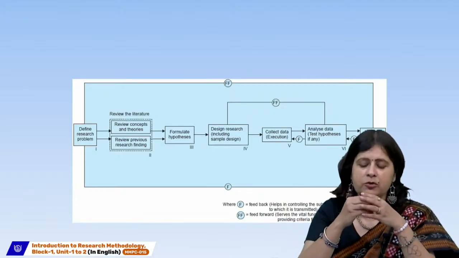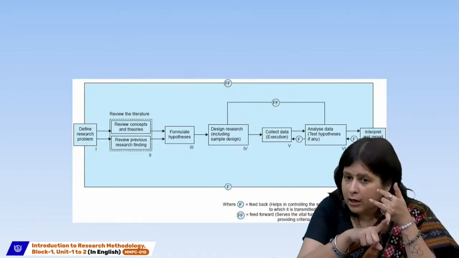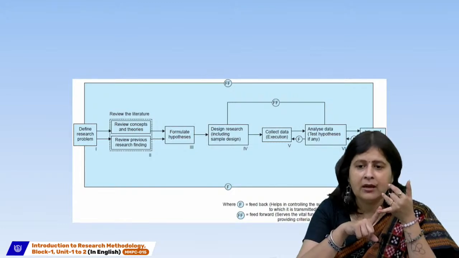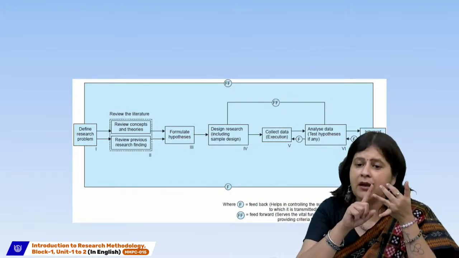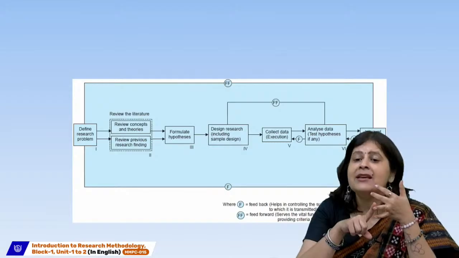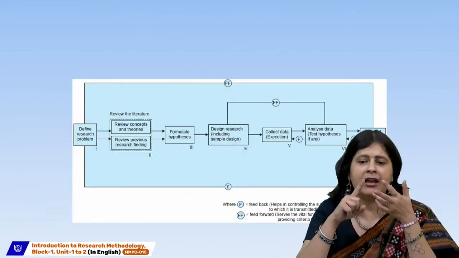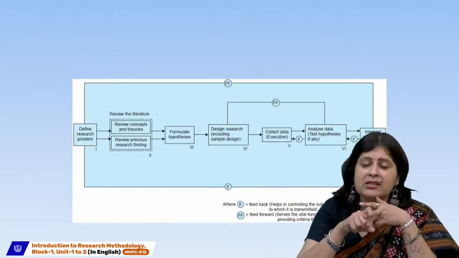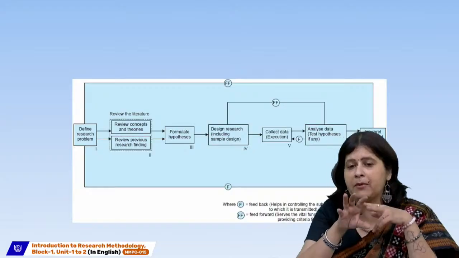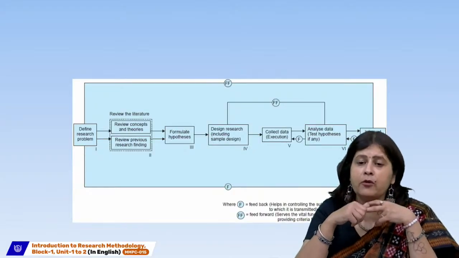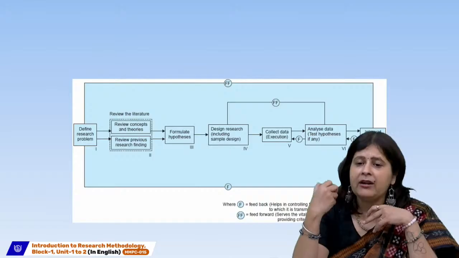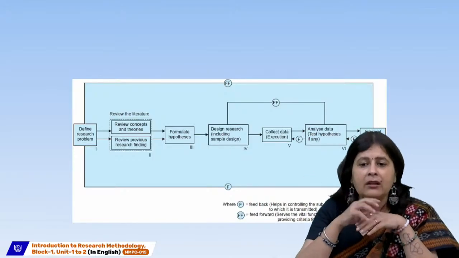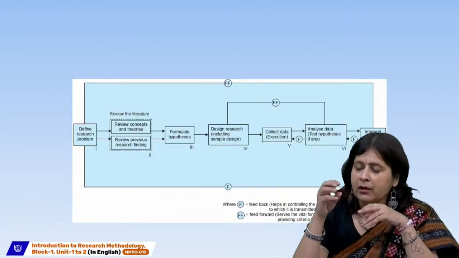Designing the research includes many things. You will have to decide the population under study, right. Then in research design comes the sample size, and then the sample design: what type of sample will you collect, and what method will you opt for, the probability sample or the non-probability sample.